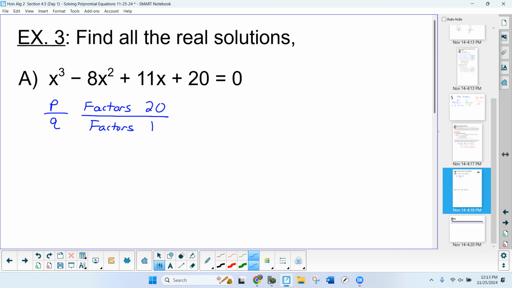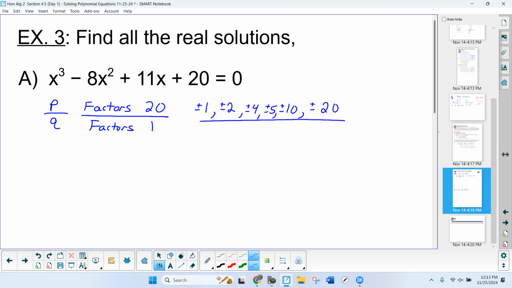So what are the factors of 20? Well, I could have plus or minus 1 and what? 20. I could have plus or minus 2 with what? 10. Does 3 go into 20? Does 4 go into 20? How many times? And then once you meet like 4 and 5, you're done. So there's my list, factors of 20.